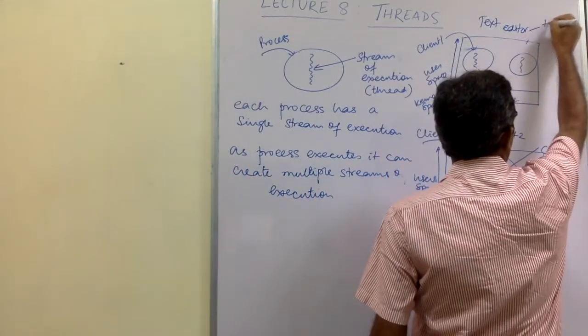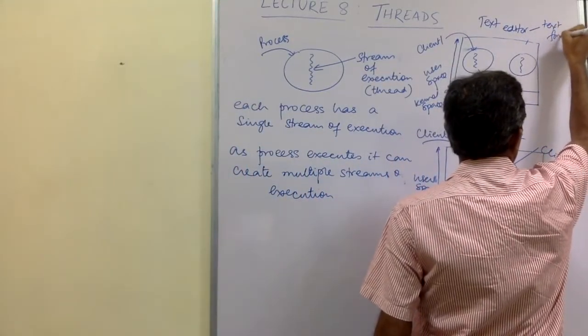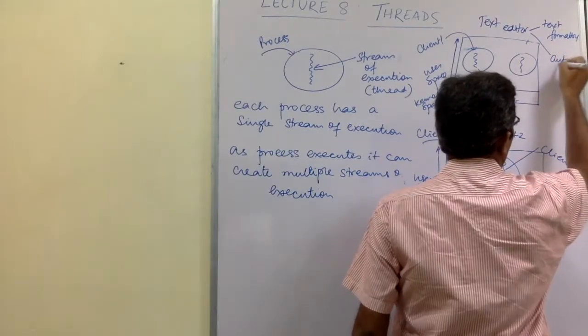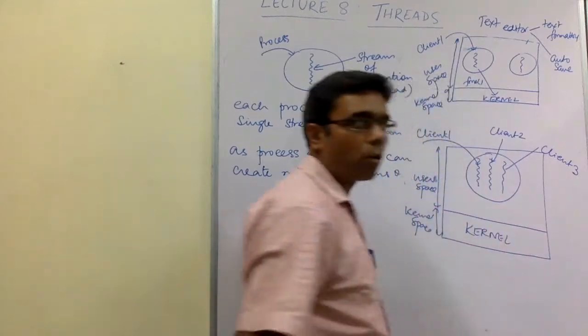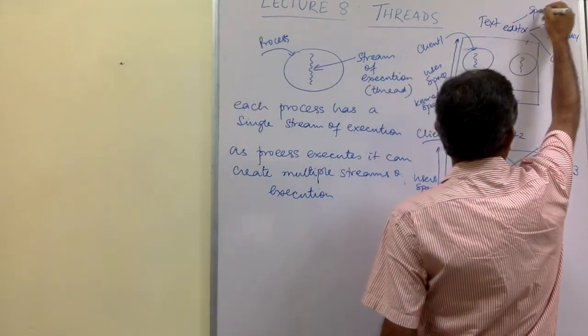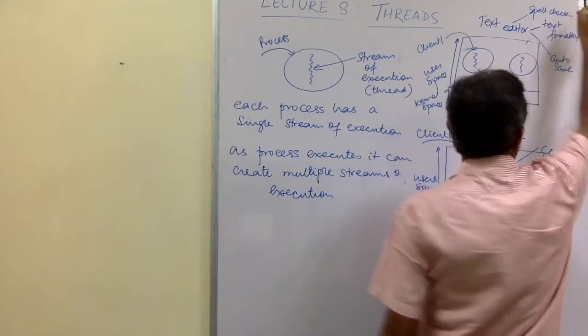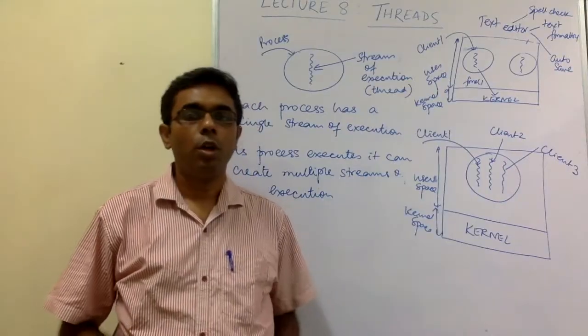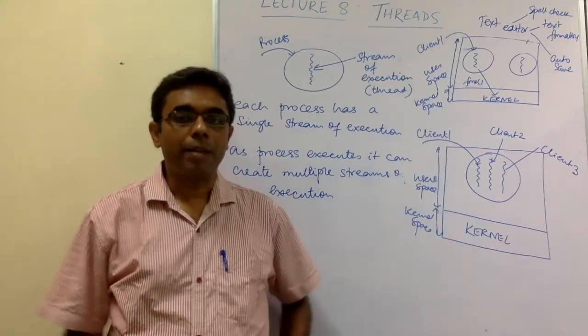One is text formatting. We can have auto save of the documents, and you may perform an automatic spell check. So now you have 3 jobs, and you would like these 3 jobs to be done in parallel.